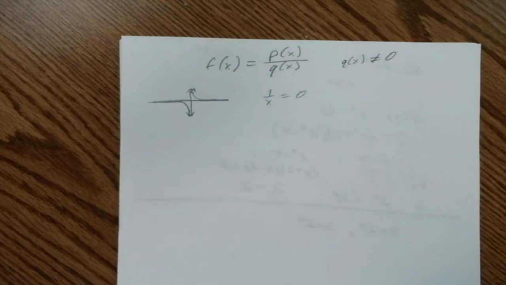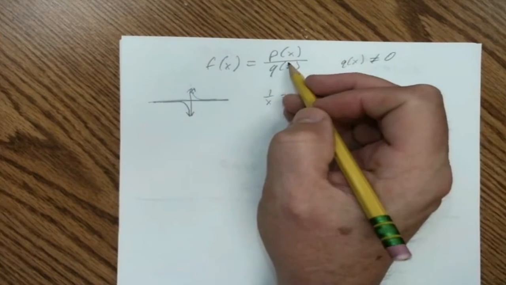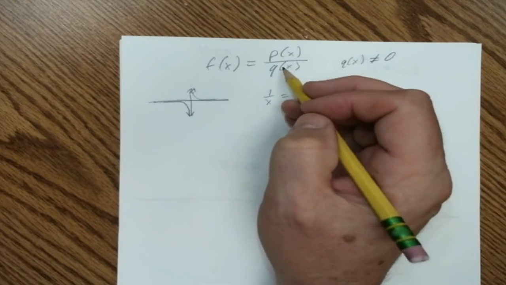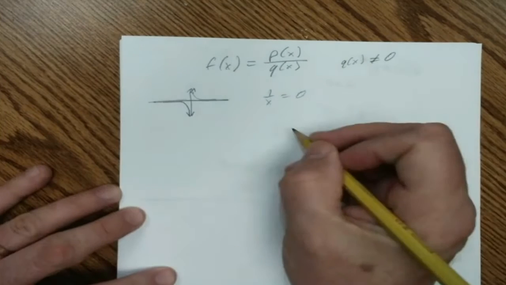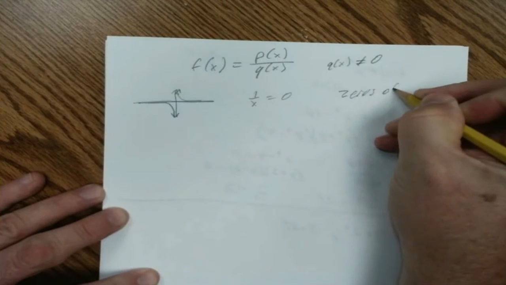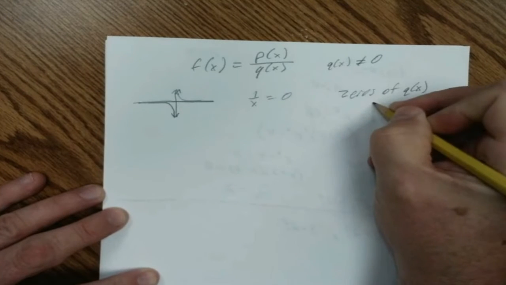So if we have a rational function of p of x over q of x, where they don't have any common factors, no common factors, then we can find the vertical asymptotes: the zeros of q of x is a vertical asymptote.